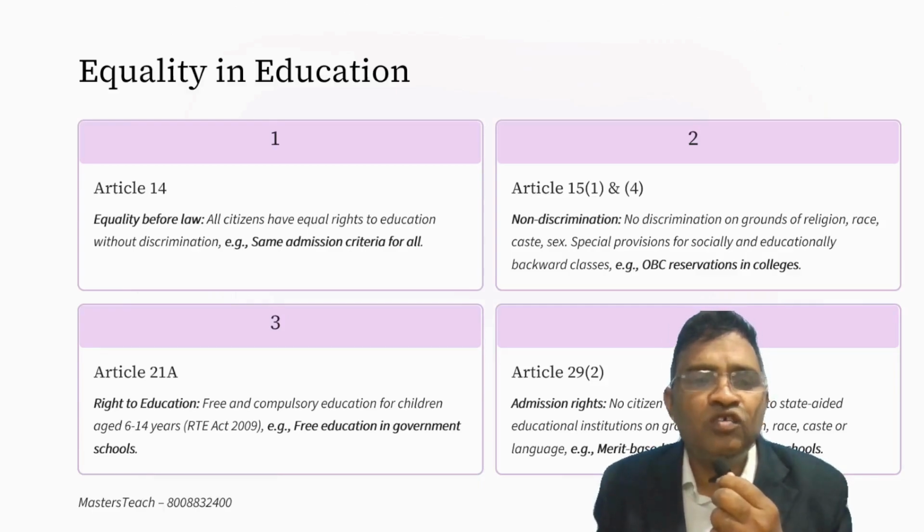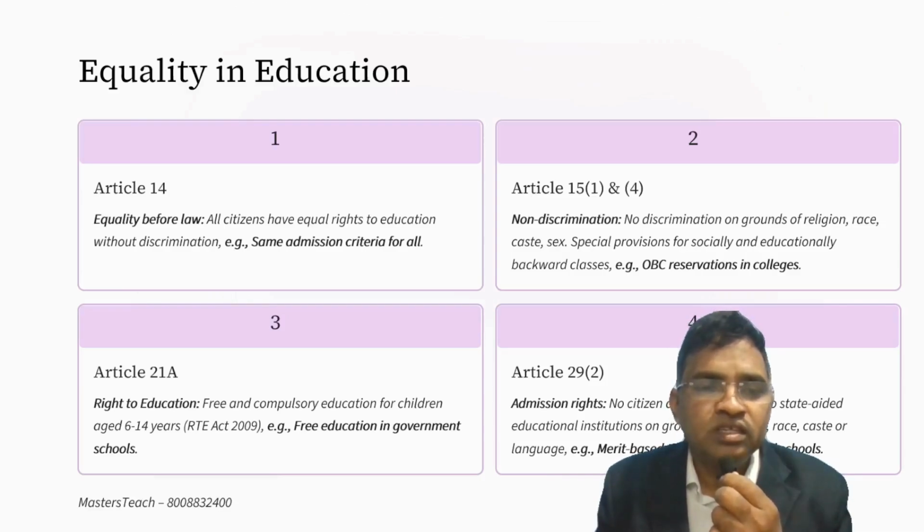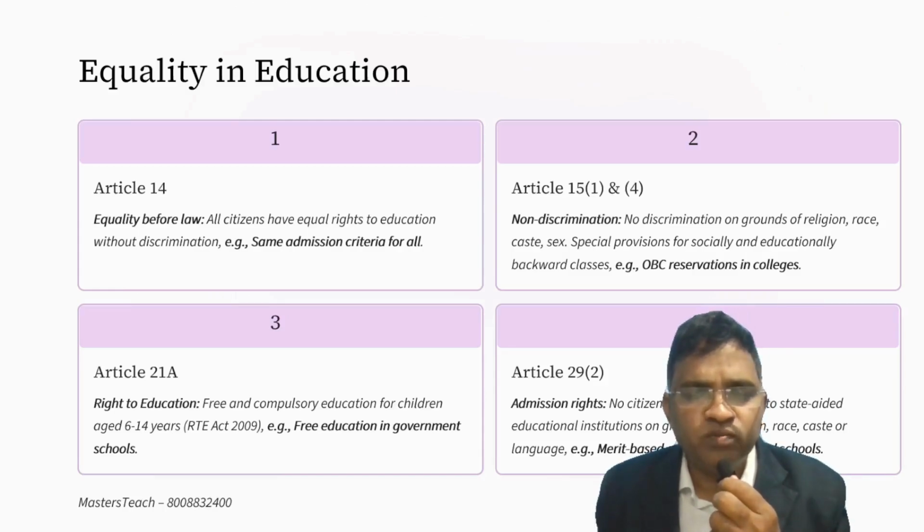Then Article 21A says the right to education. This is the important one. So free and compulsory education for all the children between the age group 6 to 14 years. So that is the Right to Education Act 2009. For example, free education in government schools. So Article 29 subsection 2 says admission rights.